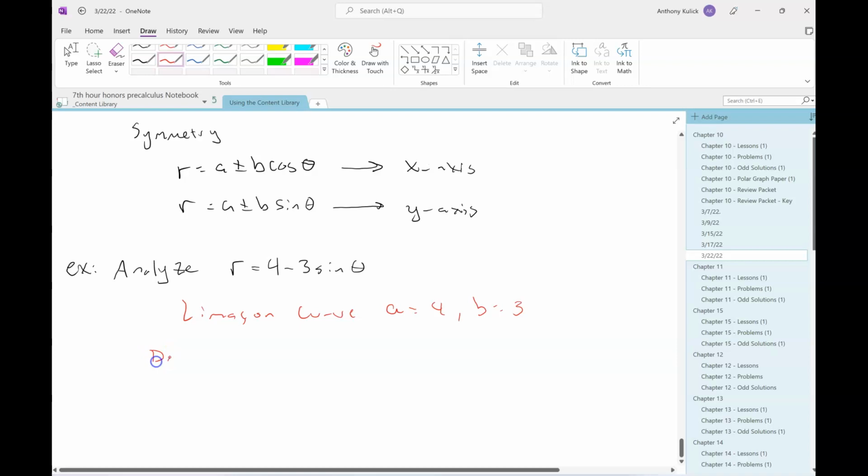So what do we say? The domain, always all real numbers. The min and max, so a minus b is 1, and then a plus b is 7. So my range then is 1 to 7.